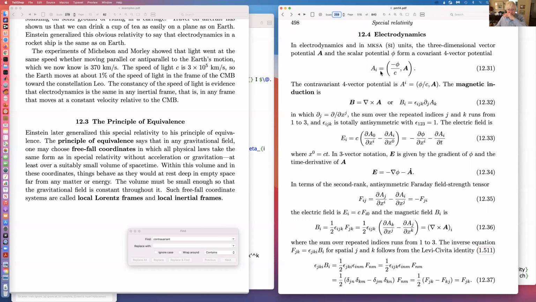Well, I wrote that with a lower index. I don't know why I did that. That was stupid. 12.31. In other words, the much simpler equation is A upper I is phi over c times A.